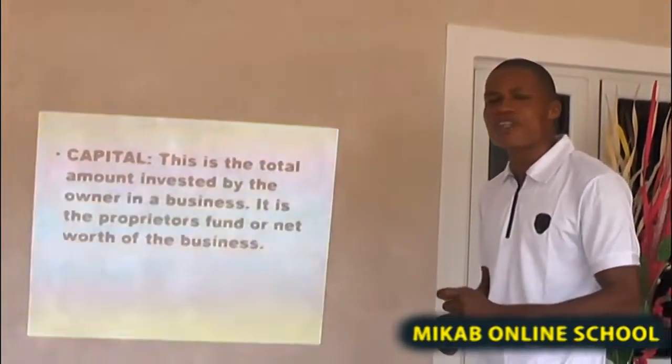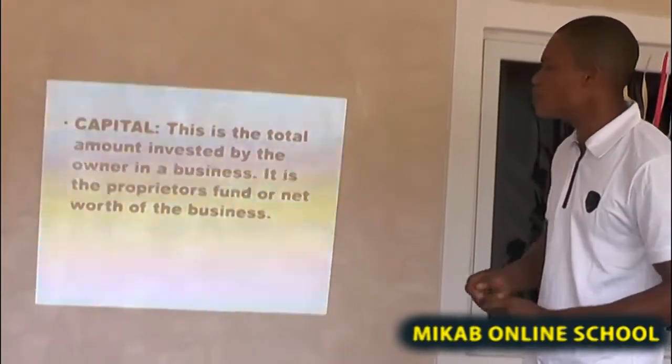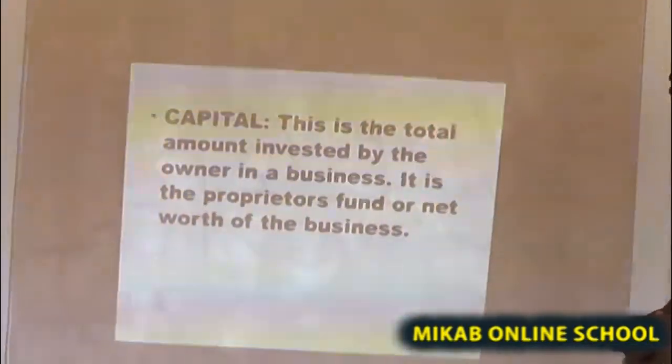You need cash for restocking, you need cash for the payment of staff. If you are going to be able to hold your staff in your organization, there is need for us to have cash. Now, let us take a look at the next item that makes up the accounting equation, which is the capital, as you have on the screen.